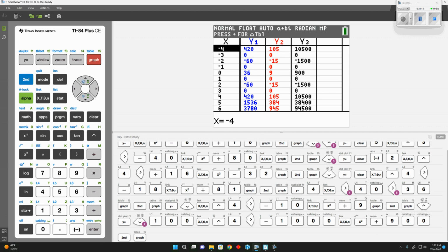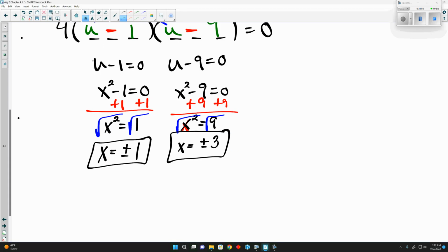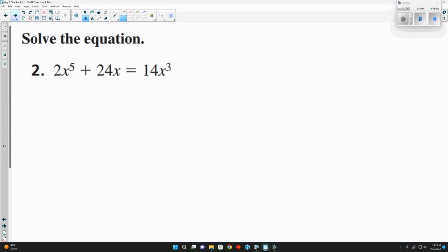All the other numbers changed except for our 4 zeros. They stay the same. So that's kind of nice to know. But we can't do it with a variable, because anytime we divide a variable out, we remove a solution from the equation. Any questions on this so far?